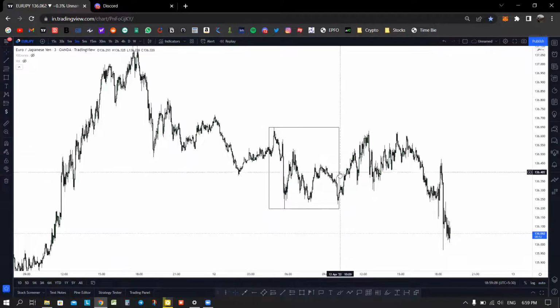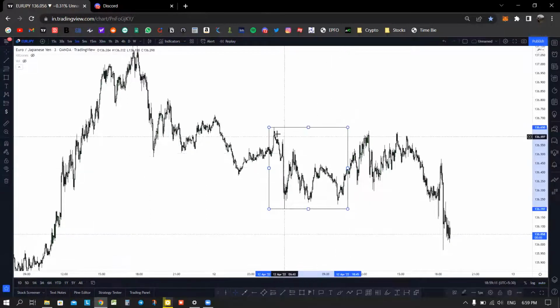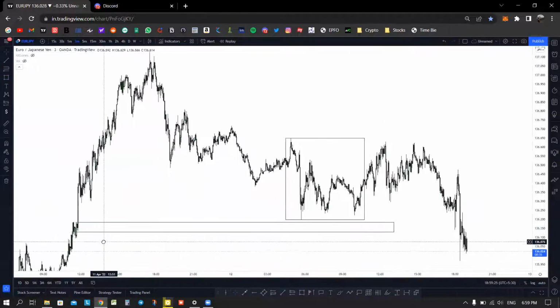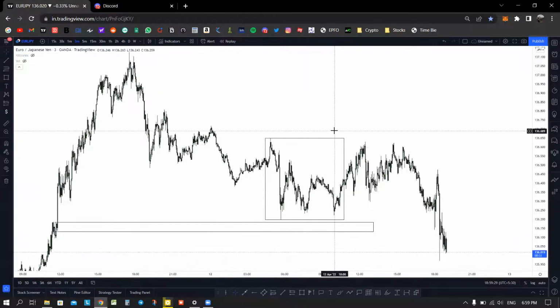For instance, price has mitigated this last candle during Asian session only, and taken out the low. So what I will do at that time is, this is my point of interest. Price has not taken out the Asian session high and mitigated this zone during Asian session.